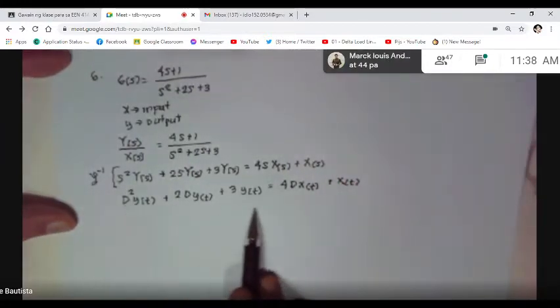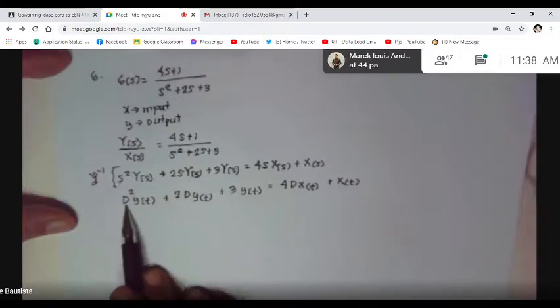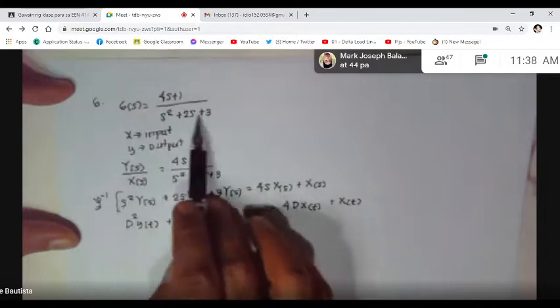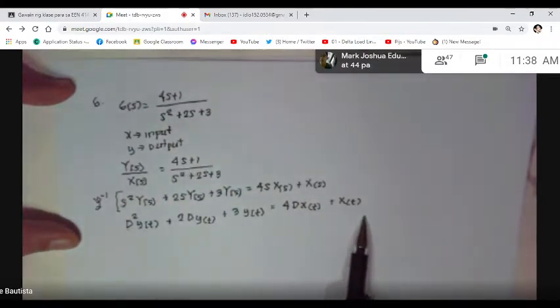So, therefore, nakuha na natin yung differential equation ng Laplace na to. So, yung transfer function, kinonvert na natin into differential equation. Okay?